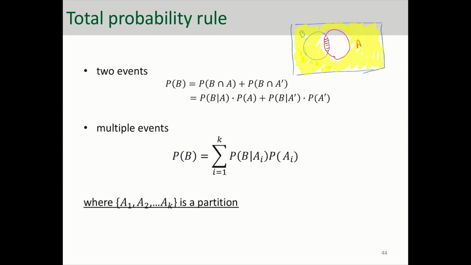And the probability of B is equal to this intersection area, that is the intersection of B with A, and the intersection of B with A prime. The intersection of B with A prime is here, right?